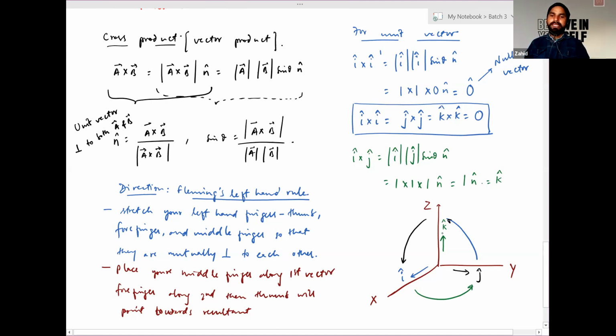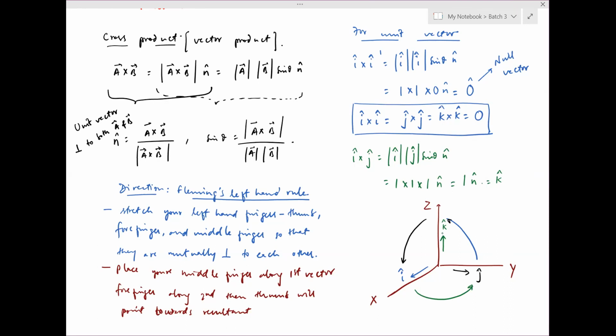Forefinger toward the right, then the thumb is pointing vertically upward, which is along the z-axis. Is it clear? Yes, sir.